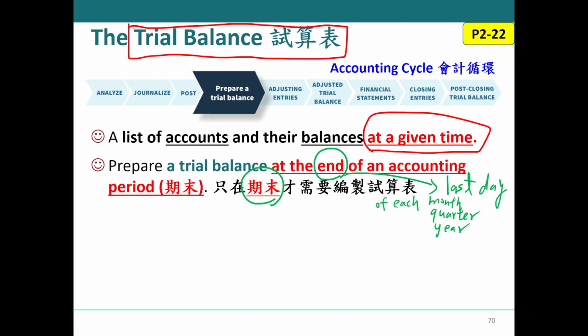Okay, so remember, we don't double check any time because it's impossible. We will double check on the last day, which means we will prepare trial balance 试算表 on the last day to make sure we got the correct numbers.